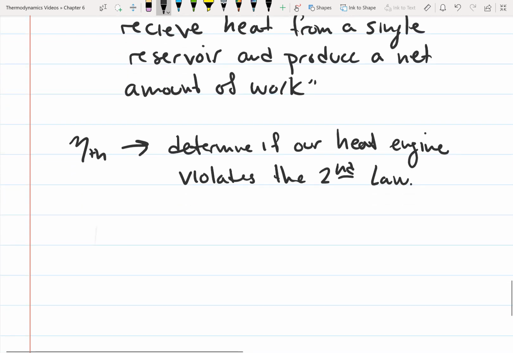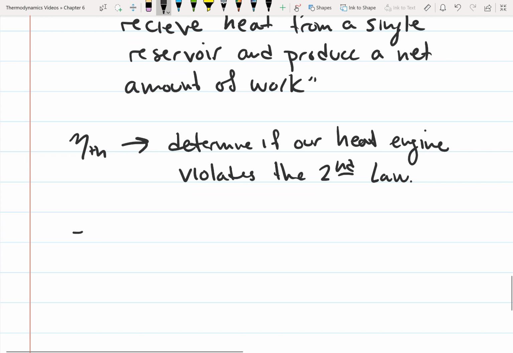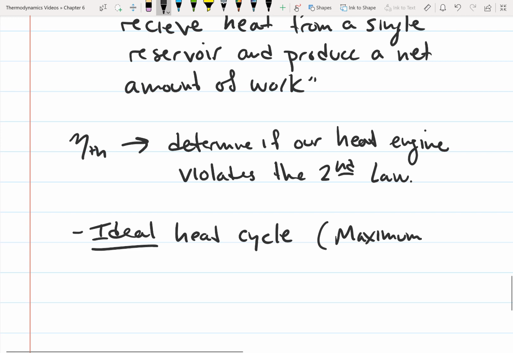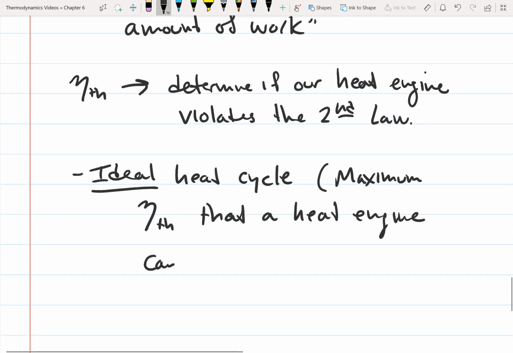In order to do that, we are going to need to look at an ideal heat engine cycle. An ideal heat engine cycle is the maximum thermal efficiency that a heat engine can have. Remember, even with an ideal heat engine cycle, the efficiency still isn't going to be 100%.